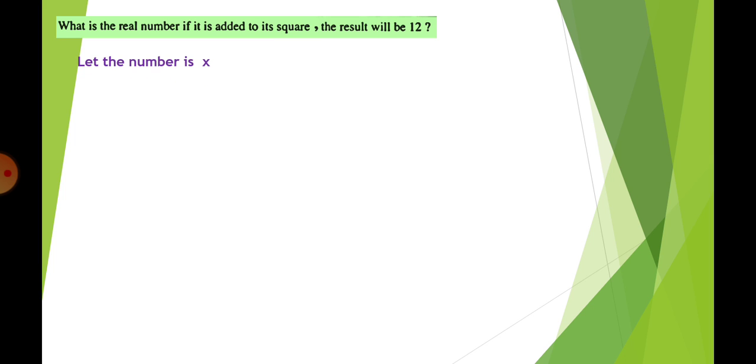Another example. What is the real number, if it is added to its square, the result will be 12? We consider the number x. Its square means x power 2.